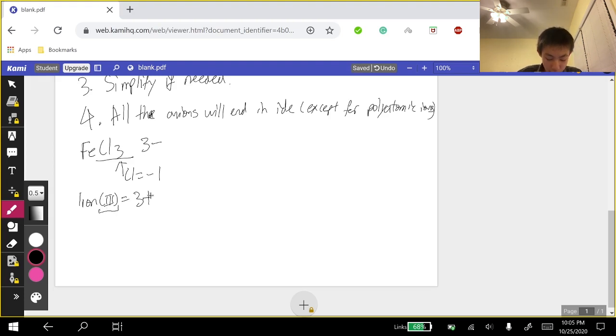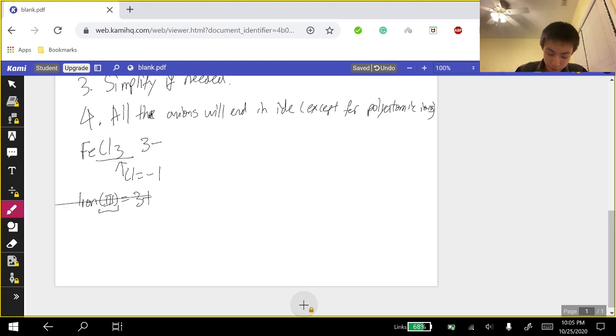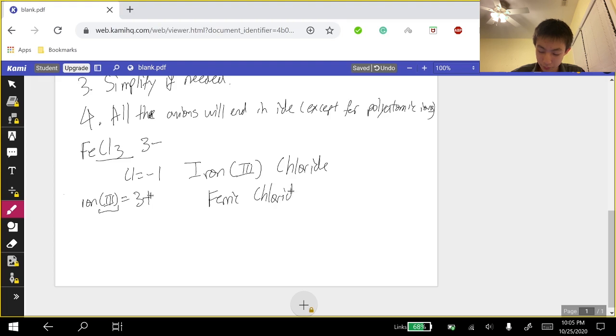This is for every single transitional metal. That is because transitional metals can have different charges depending on what they're bonding with. So the final answer to this one will be iron 3 chloride. Or you can write ferric chloride. Both of these will be correct, but you only need to write one of these.